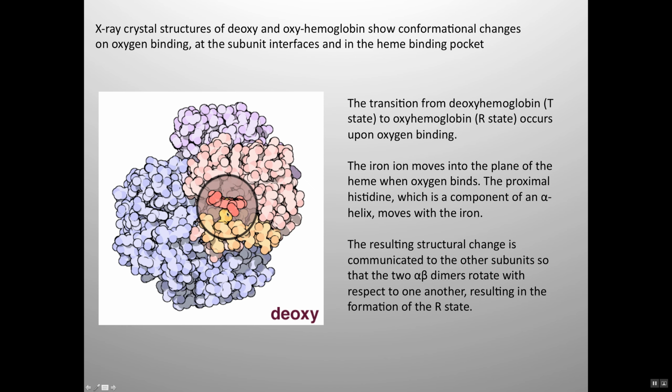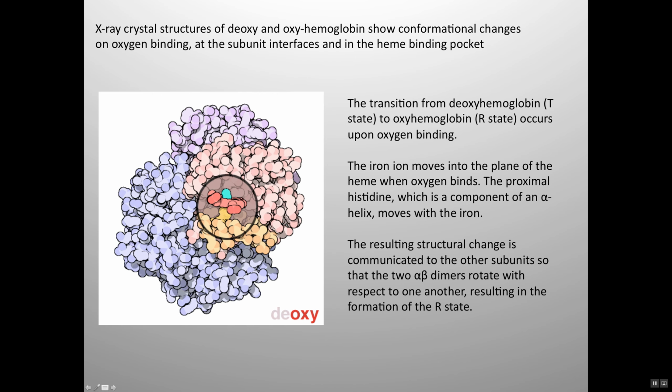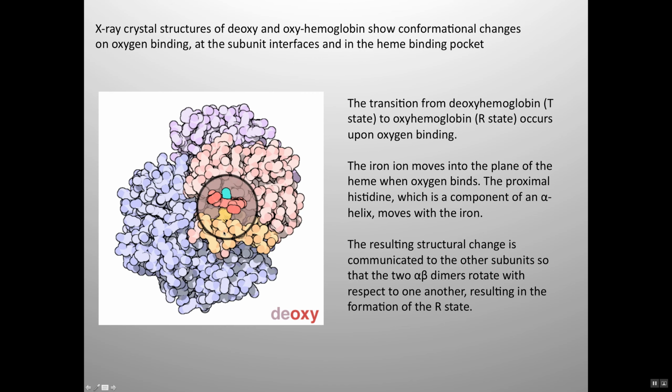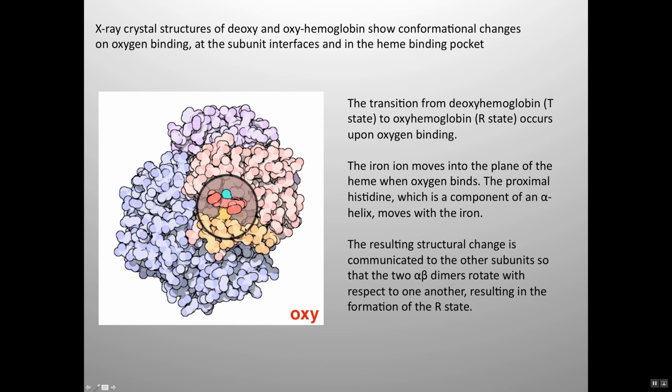As oxygen binds, there's a tug on that proximal histidine, which causes a conformational change. You see this tan-colored alpha helix here, and this histidine is part of this alpha helix. It causes a tug on this, which helps to induce a conformational change in the protein.